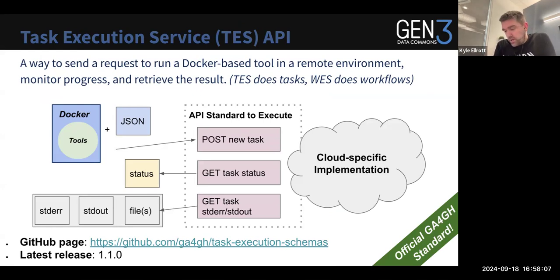Just to give context for why this was inspired, a lot of people work on HPC environments, so you're using something like Slurm or Grid Engine to dispatch out the jobs. At the same time, AWS had proposed a new standard called AWS Batch. Google had one, which I think was their Cloud Pipeline API.